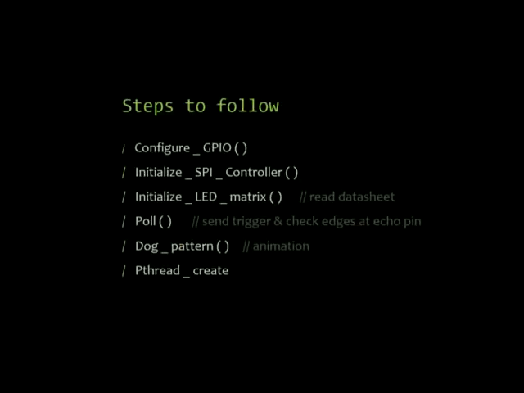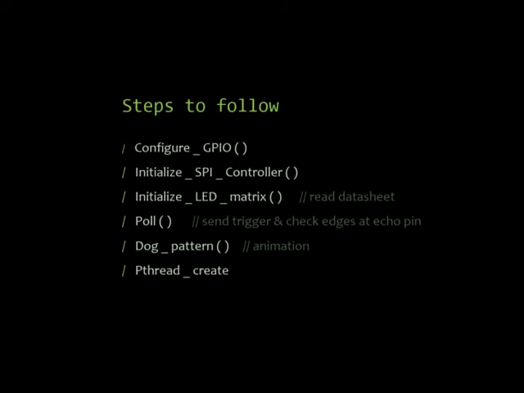In order to write the first task, we need to follow these steps. We need to first configure the GPIOs which we are using to connect the trigger and echo pin of the sensor. We need to export the GPIOs, and set the direction and their values. After configuring GPIOs, we need to initialize the SPI controller, for which we can use the default IOCTL commands to set the mode, to set the maximum speed of the transmission, or to set the bits per word, that is we can set either 8 or 16.